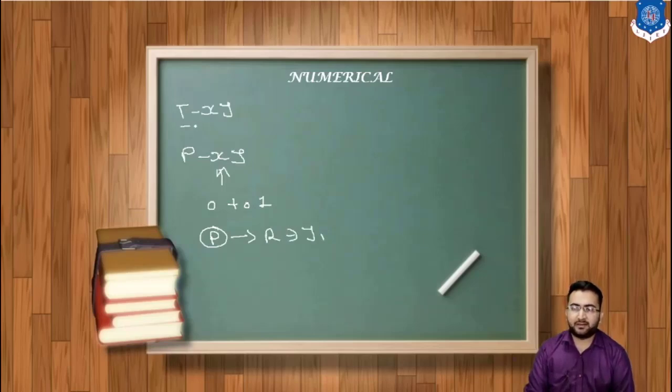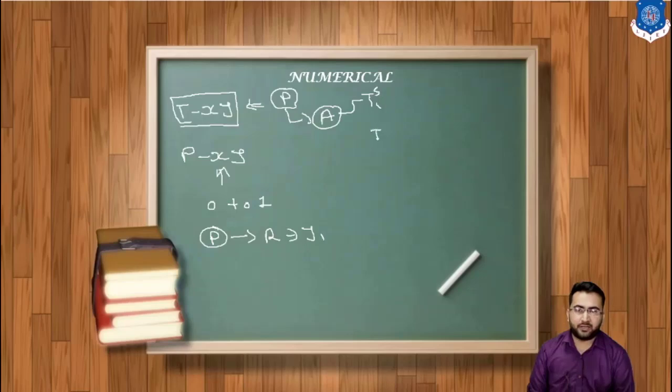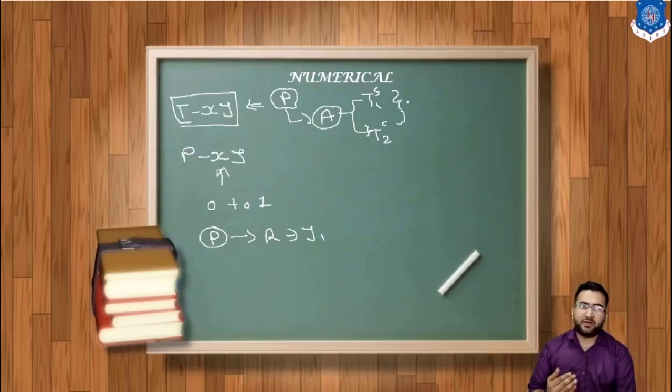Now, to plot the TXY diagram, in this type of numerical the value of total pressure is given in the statement. So we have to put the value of total pressure in the Antoine equation and get the values of T1 saturated and T2 saturated. Between these temperatures, we take a regular interval and different temperature points so that we can draw the TXY diagram.